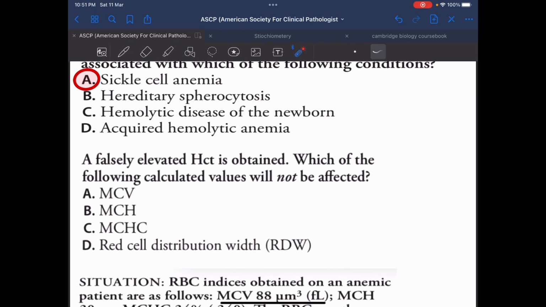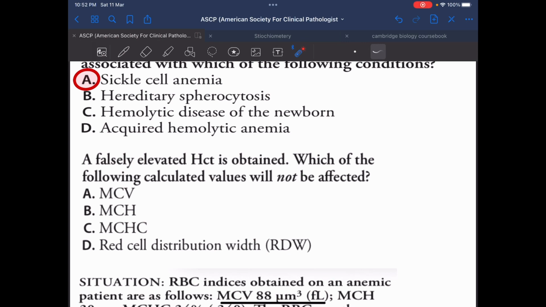We should know that MCV is calculated by hematocrit multiplied by 10 divided by RBCs. So the equation includes hematocrit, and MCV will be affected by a falsely elevated hematocrit.